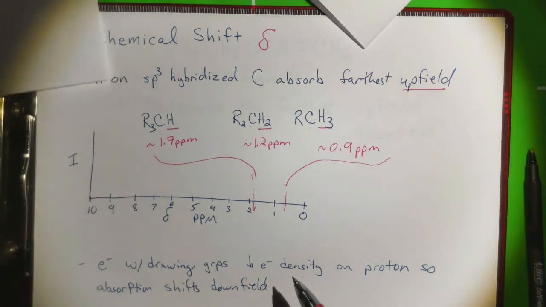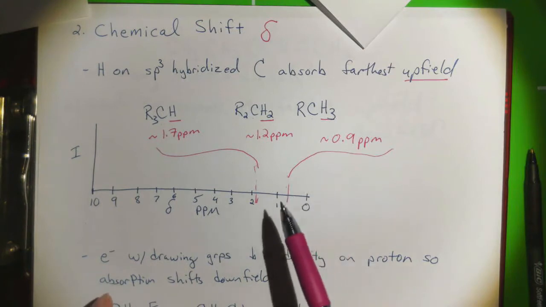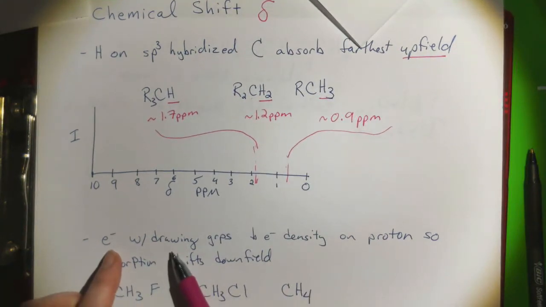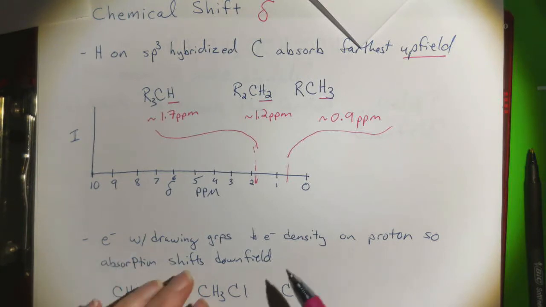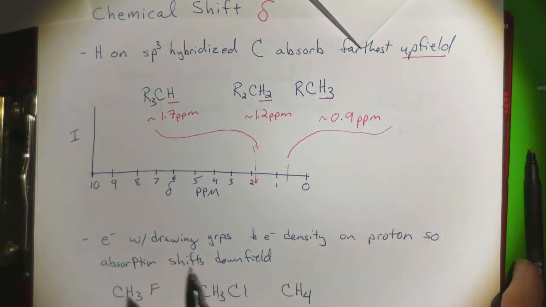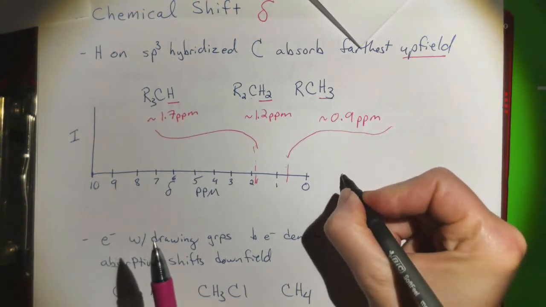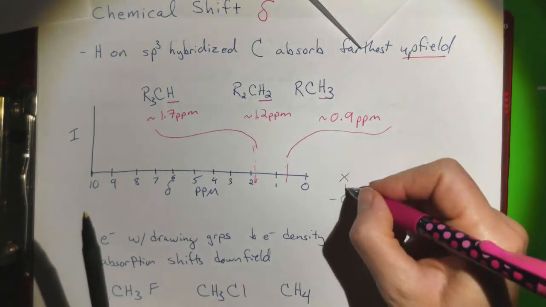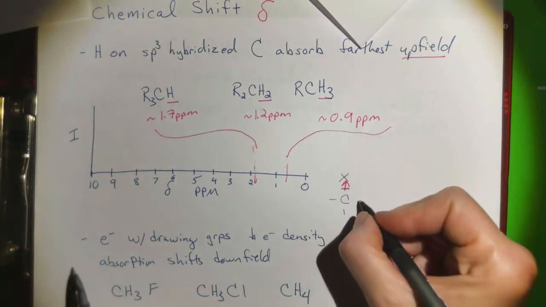Now we mentioned last time that as we add electron withdrawing groups, we're going to see a change. So let's start by adding, let X here be an electron withdrawing group, and I'll make this bond really polar.